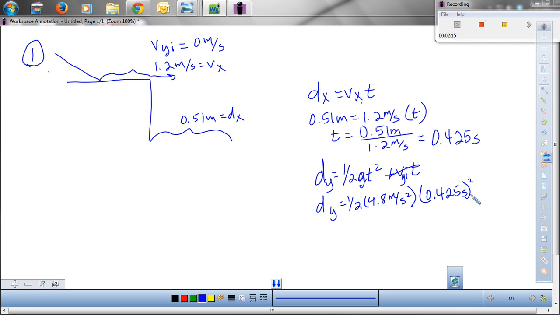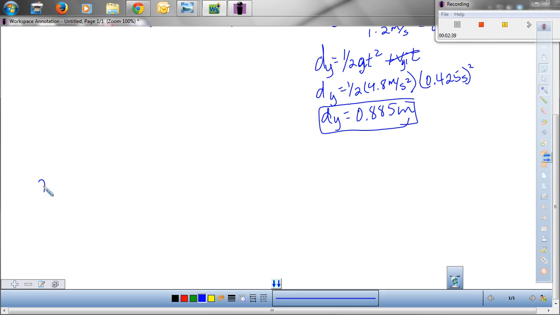If I take that 0.425 and square it and multiply it by half of 9.8, which is 4.9, I find out that my table is 0.885 meters tall. Number one is done.